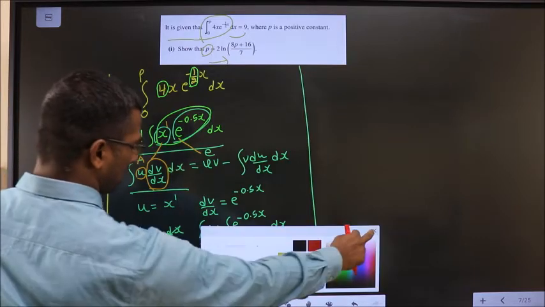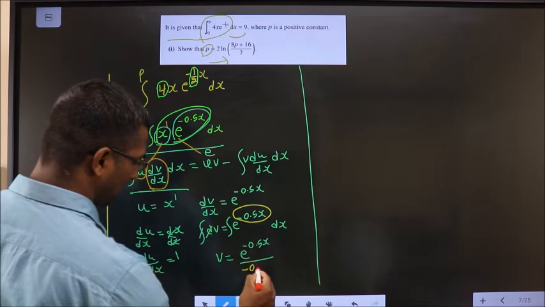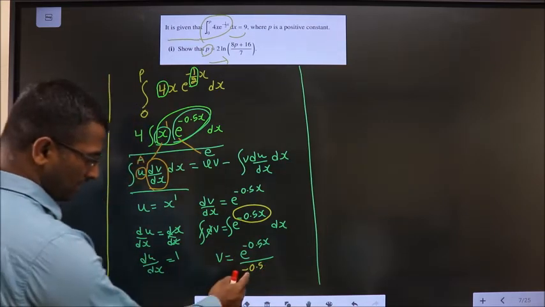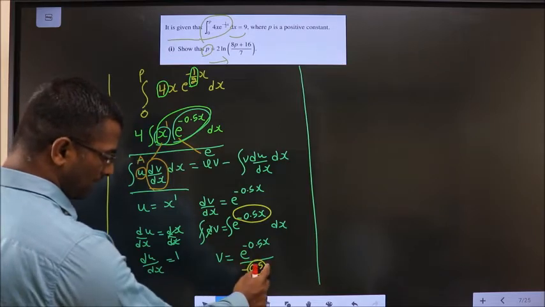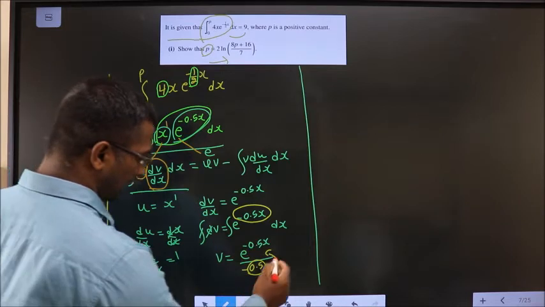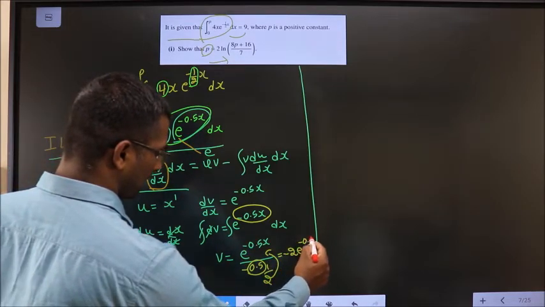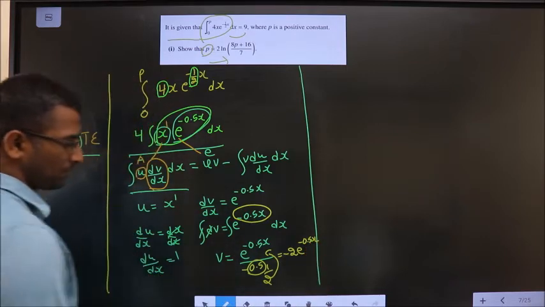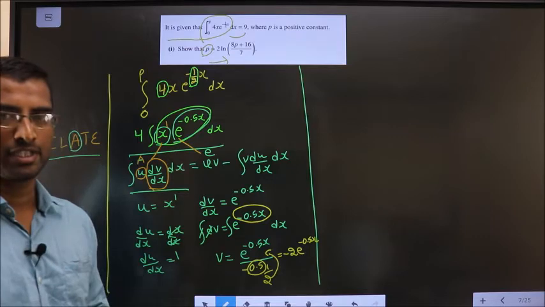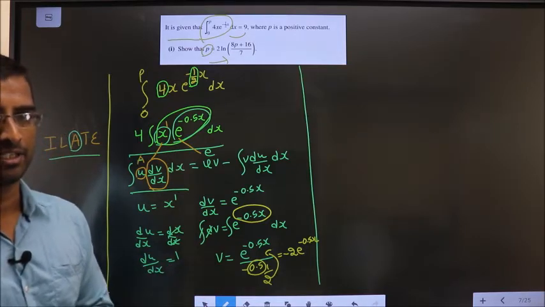The derivative of minus 0.5 x is minus 0.5. Now this 0.5 is nothing but 1 by 2. I take this up along with the negative sign. So now v is minus 2 e power minus 0.5 x. Whichever is suitable for us, either 0.5 or 1 by 2, I will use accordingly.